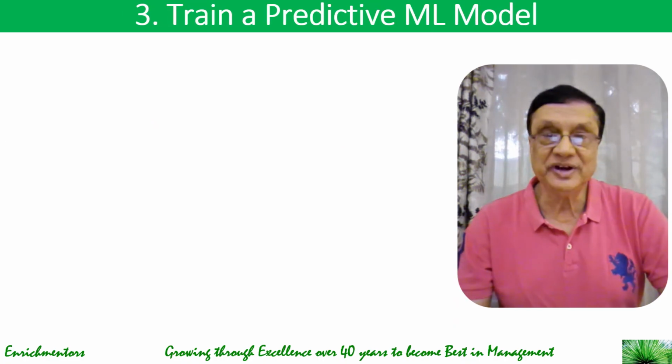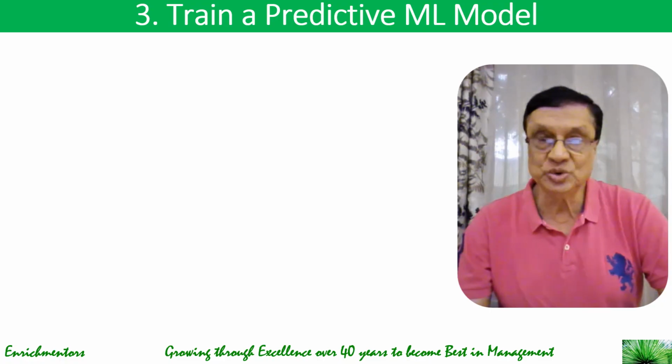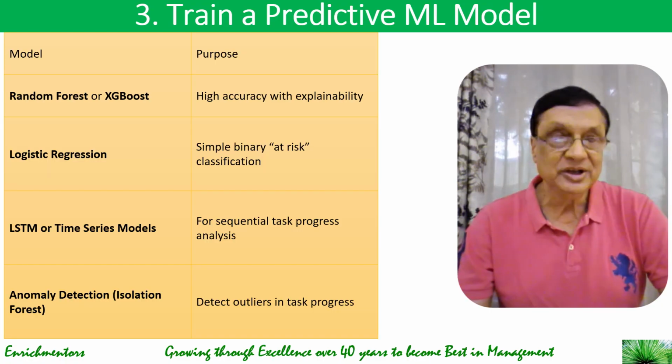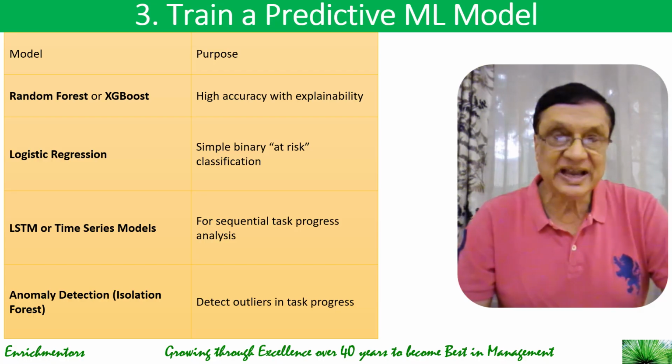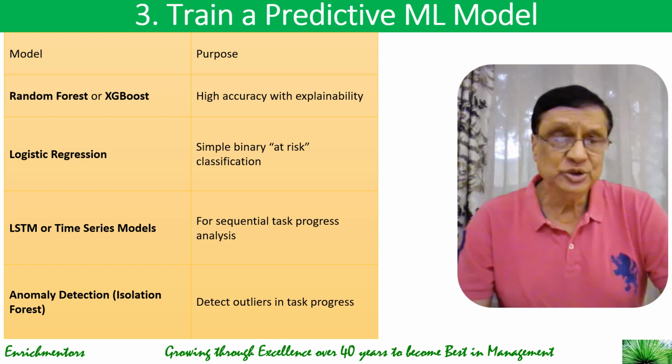The third step is to train a predictive model. Now, there are many models that you can use. Let's take a look at them. You can use random forest or XGBoost, which have high accuracy with explainability. You can use logistic regression for simple binary at-risk classification, or LSTM or time series models for sequential task progress analysis.